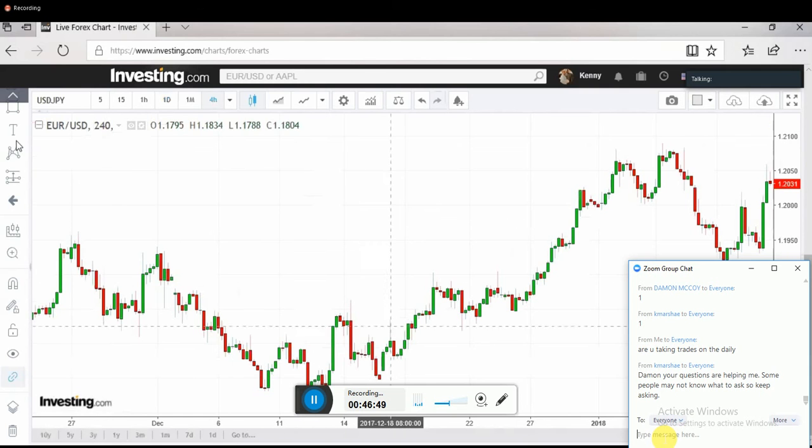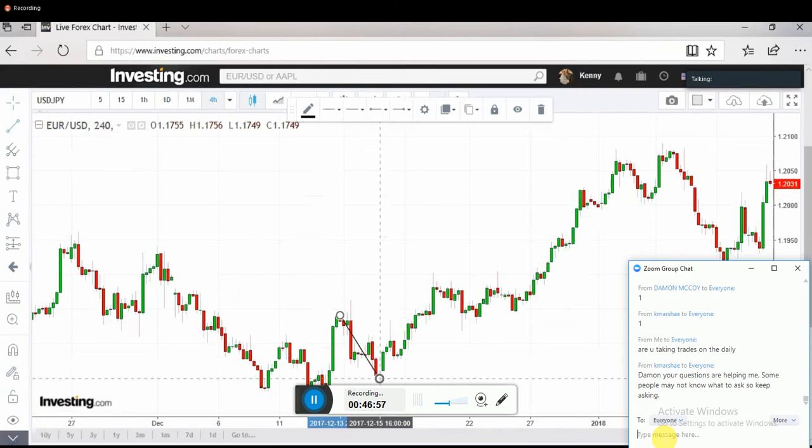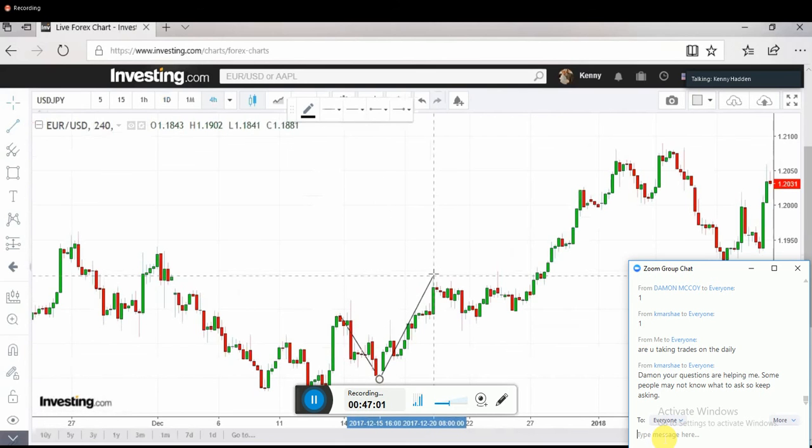So say for instance right here. This is the 4-hour chart. You see how price came down right there, and then it came back up. It broke the higher high right here. So when it broke that higher high right there, I'm going to start looking for my sell.